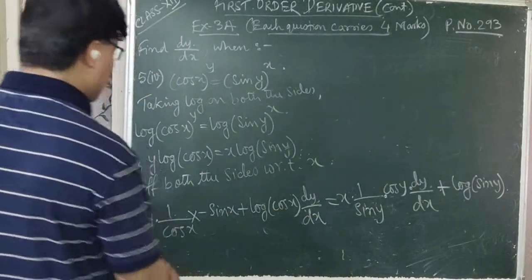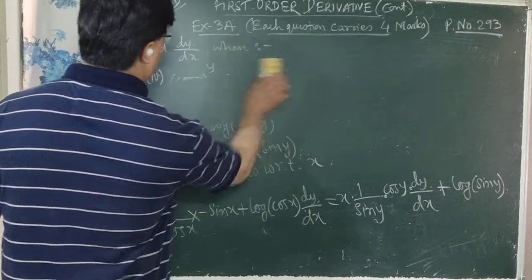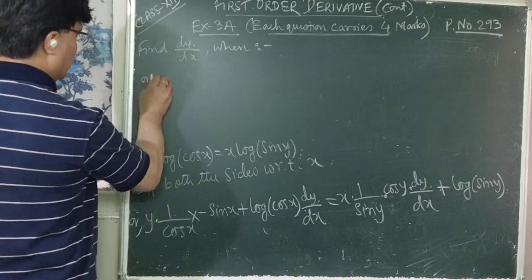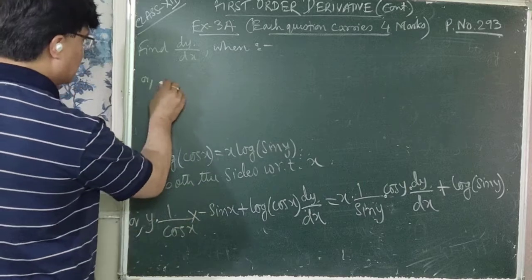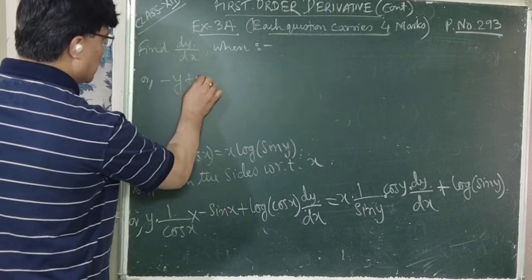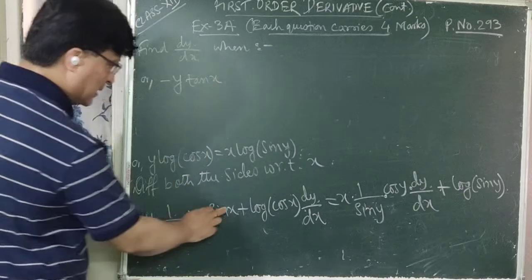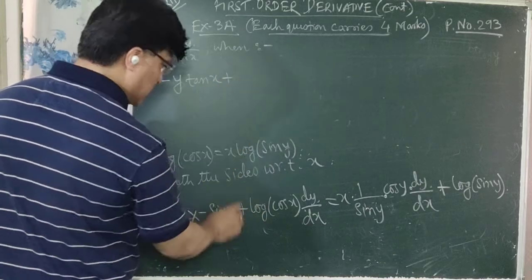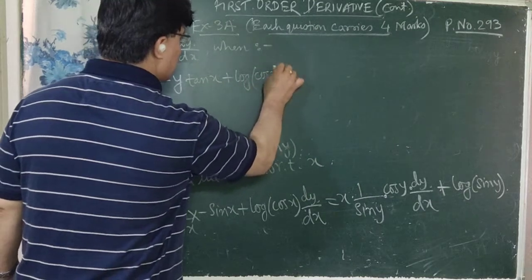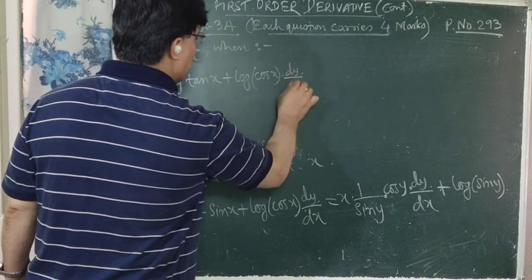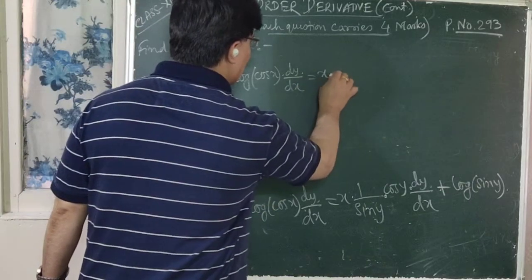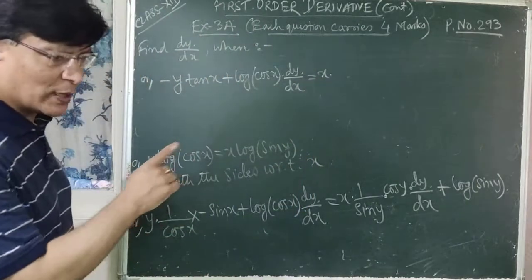Now let us simplify it. In the next step, let's simplify it: minus y into what is sin x by cos x? It is tan x. Next, plus log of cos x into dy by dx, okay, is equal to x into, what is cos y by sin y?